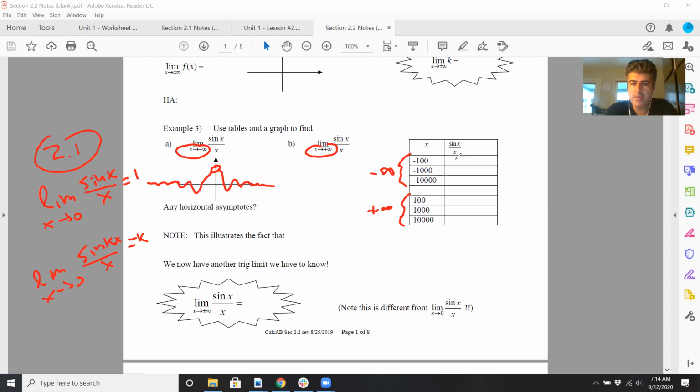You get negative 0.0051, or negative 0.000826, negative 0.000300. I'm just looking at my other screen here. And then, of course, we'll see something kind of similar over here, negative 0.005.